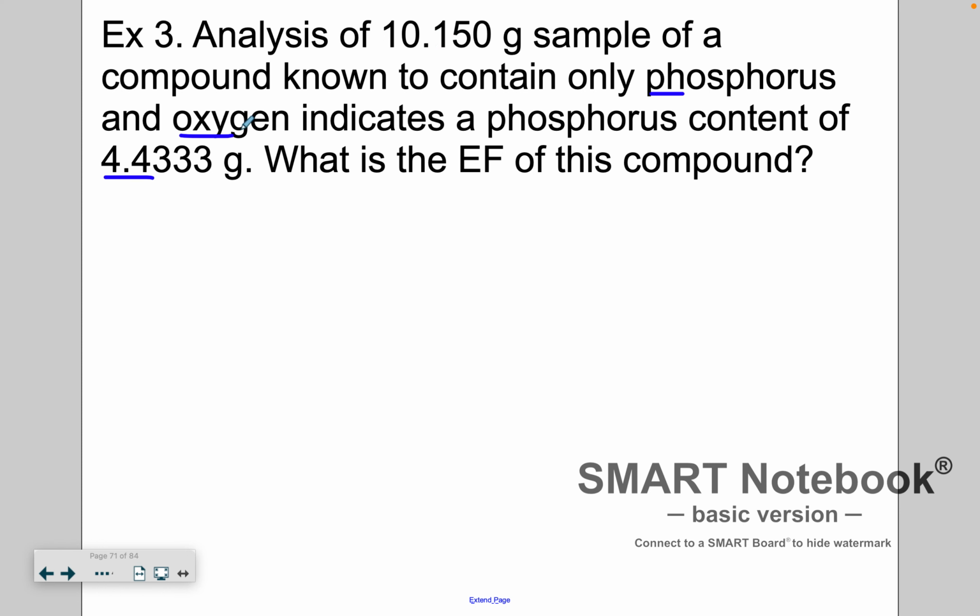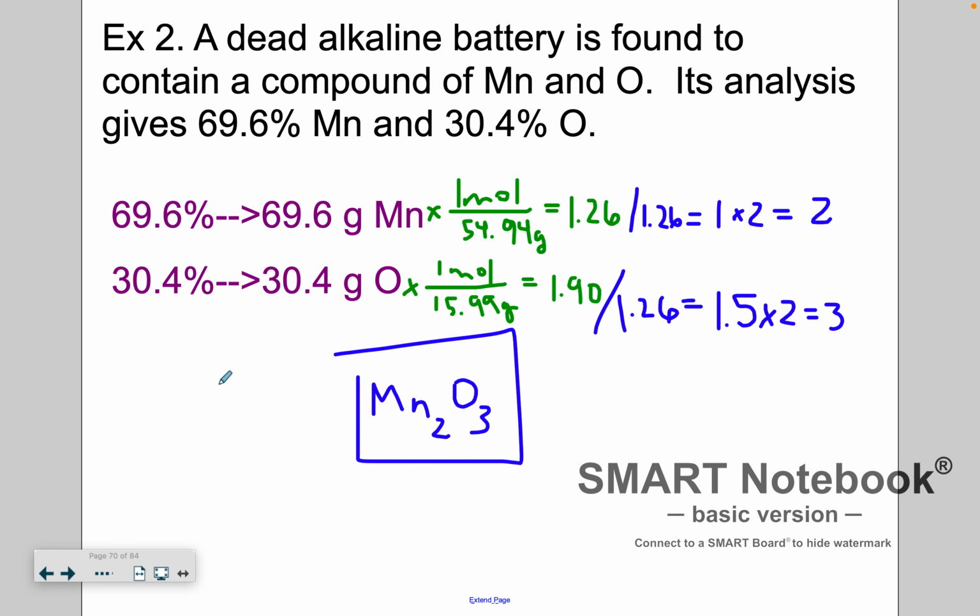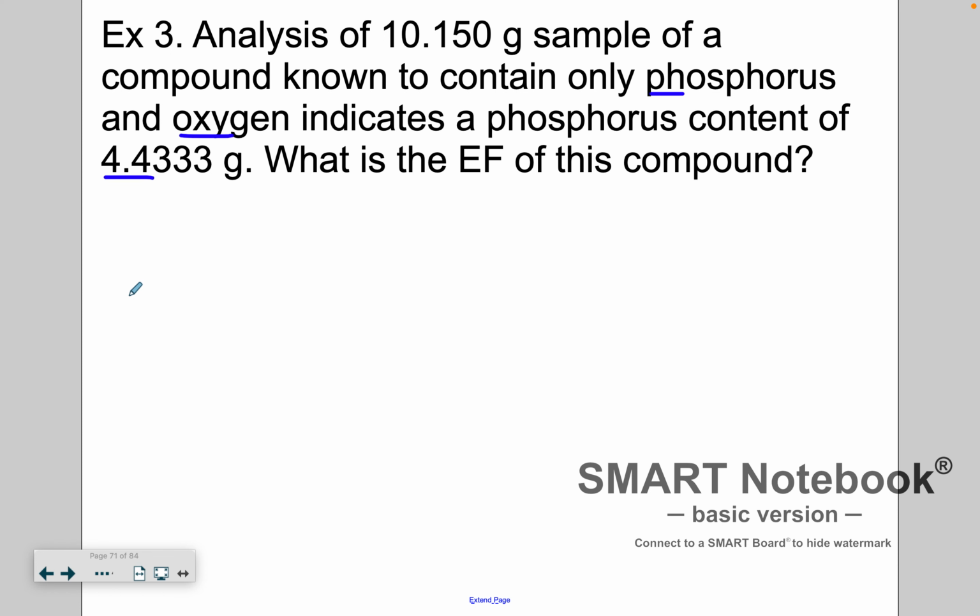And from the 10.150, 4.4333 is phosphorus. So I can figure out the percentage of phosphorus, and then jump right into my steps. Okay, so there's like a little baby step before you get into the EF steps.